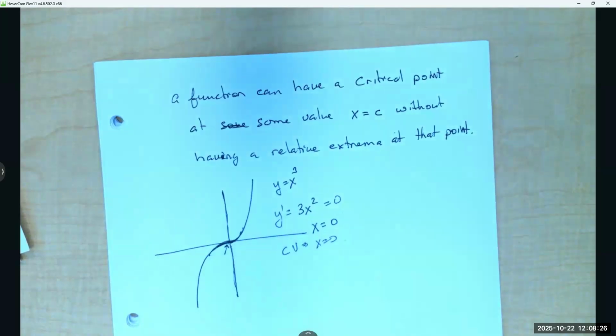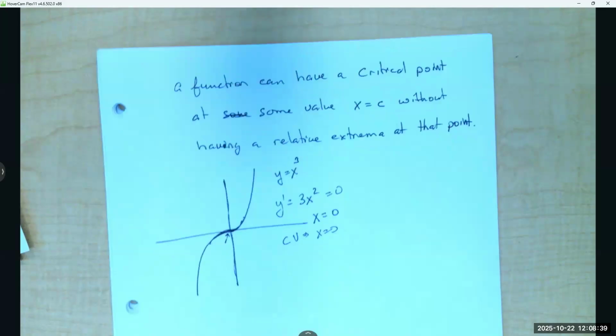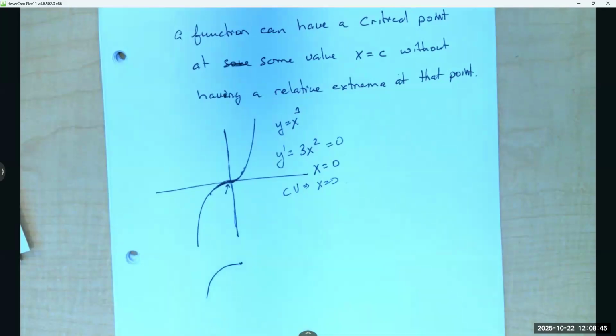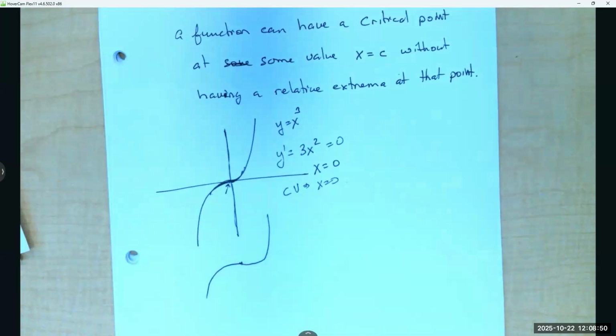We just talked about if we have a critical value, that means it's an extrema point. Extrema points are maxima and minima. Is this a maxima or minima? Neither one. It's actually both. If we look at it coming from the left side, it's a maxima point. If we look at it coming from the right-hand side, it's a minima.